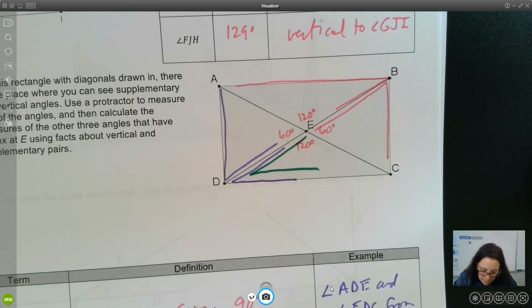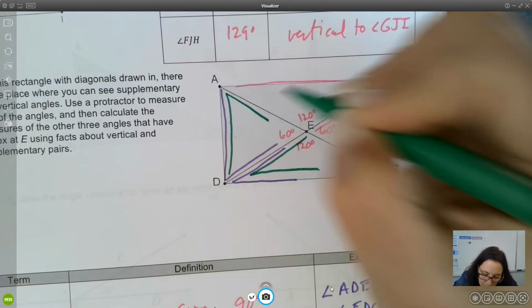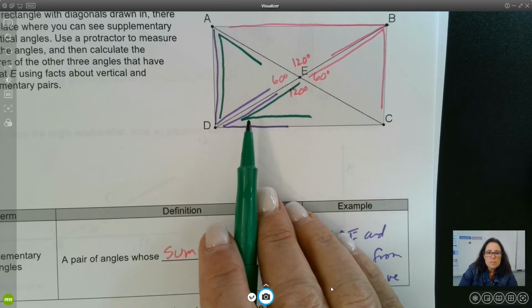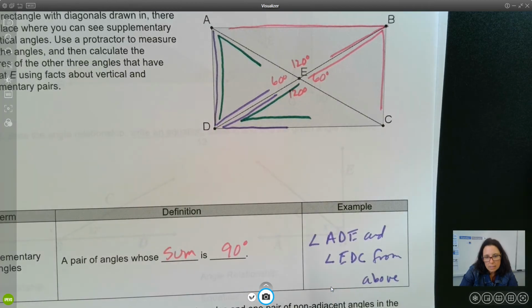And then DAE. These two angles, this one and this one, add to 90, but they're not sharing a ray.